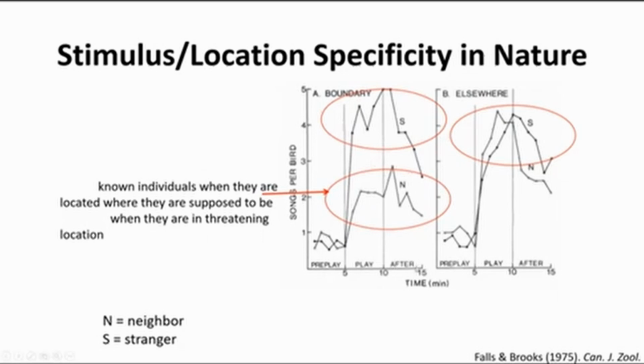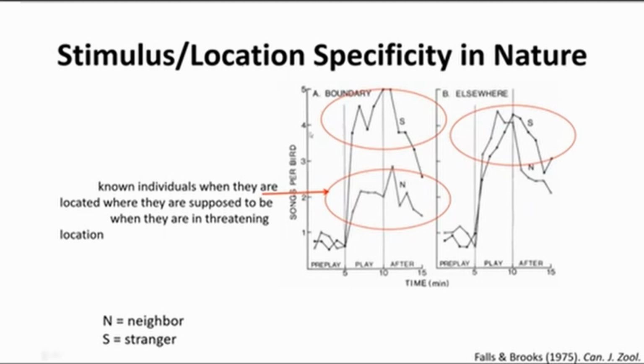And then we look at the after effect, where they're no longer doing playback, but they're seeing what the bird does after they had heard either a neighbor or a stranger in one of two locations. Now we can look at our boundary. This is at the edge of your territory. This one is labeled as elsewhere, and what it means is not at the boundary, but inside their territory. Okay, so that's getting us oriented to these graphs.